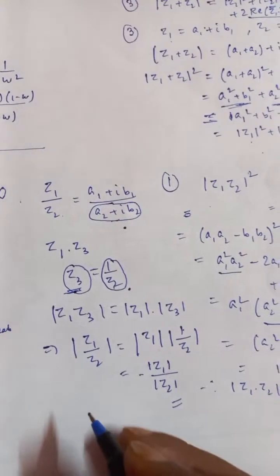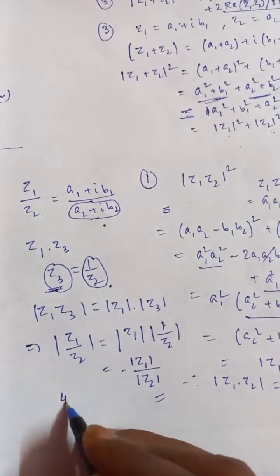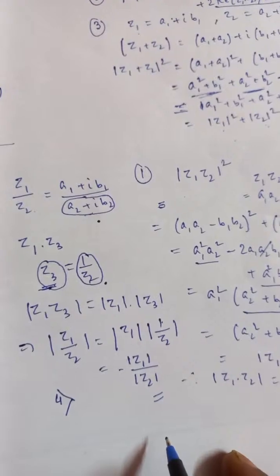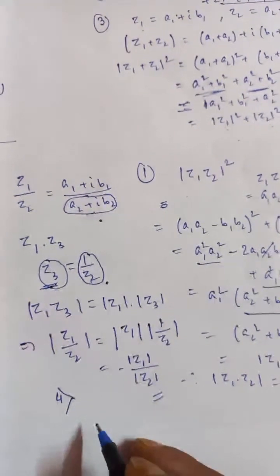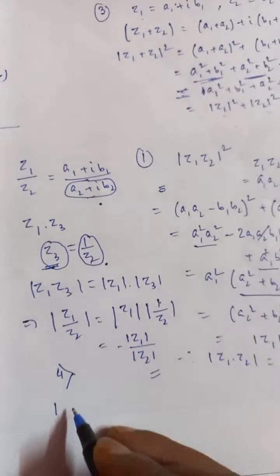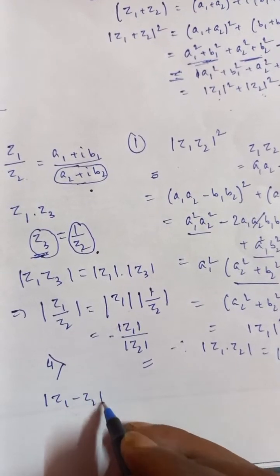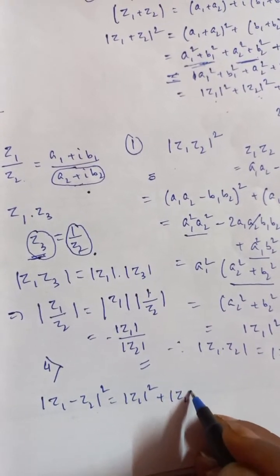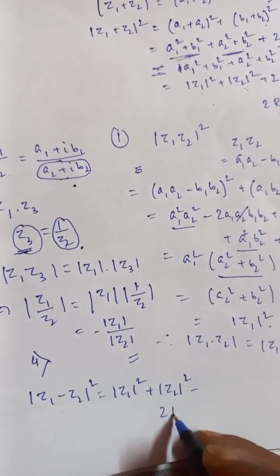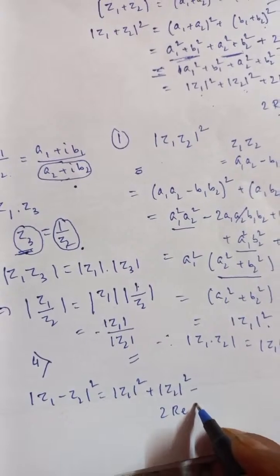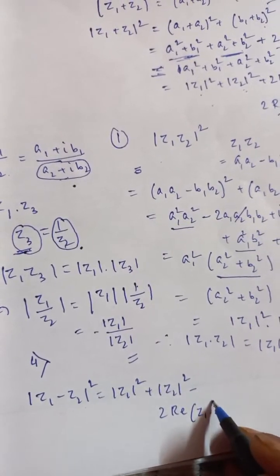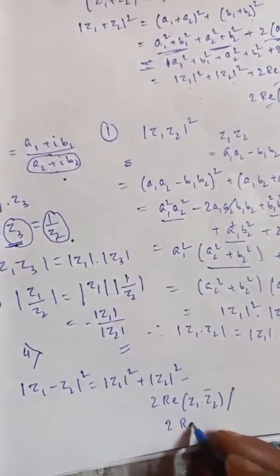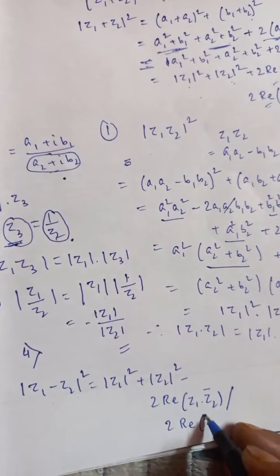And another form, another rule was that mod of z1 minus z2 whole square is equal to mod of z1 whole square plus mod of z2 whole square minus 2 into real part of z1 z2 bar, or 2 into real part of z1 bar z2.